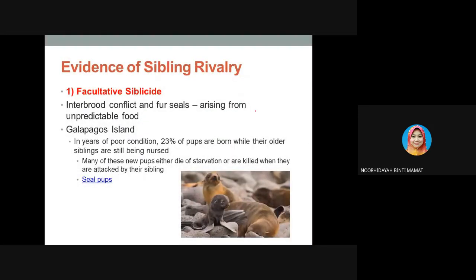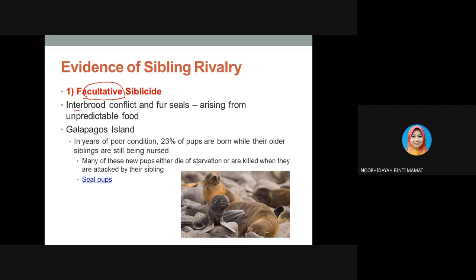There is evidence that has been studied as proof of this sibling rivalry. We have two. The first one is facultative siblicide, in the inter-brood conflict, where a parent has one offspring per brood.